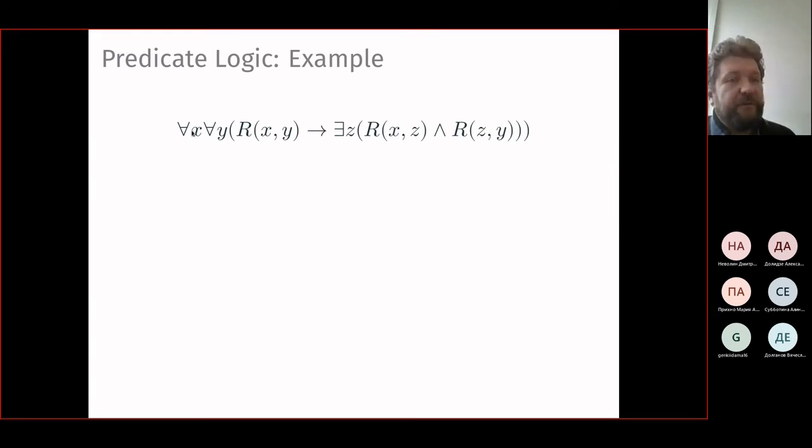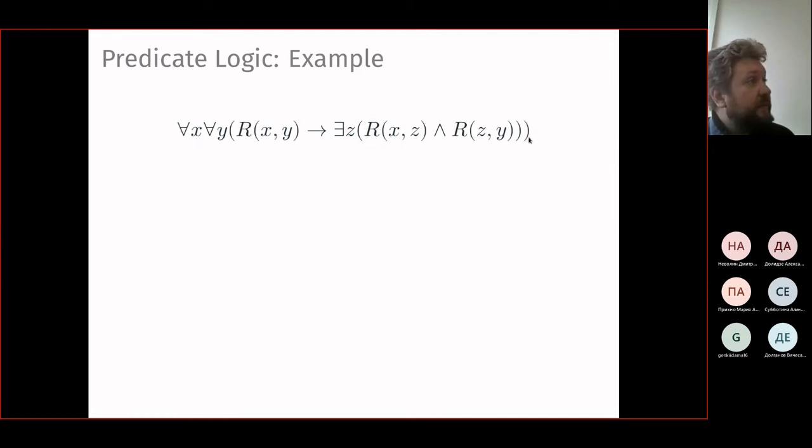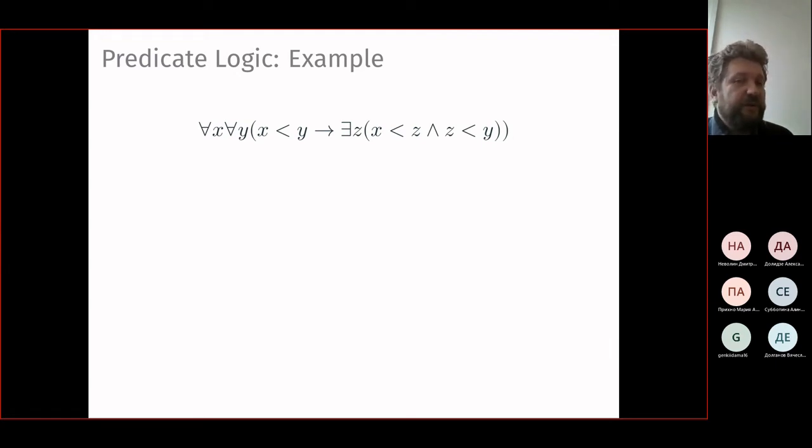Let's read it. For all x and y, if R of x, y, then there exists z, R of x, z and R of z, y. Let's think about R as being the less relation. What does it mean? If you have 2 elements, x is less than y, then there's always something in between.